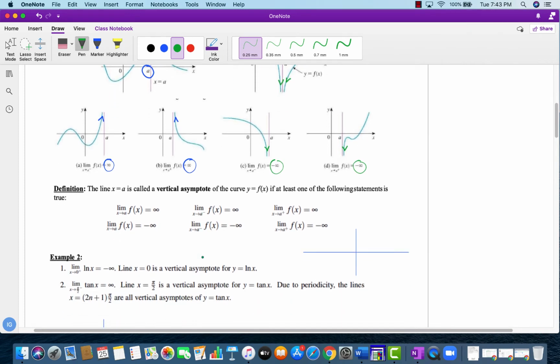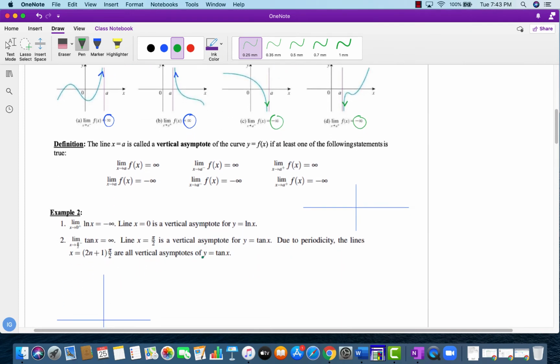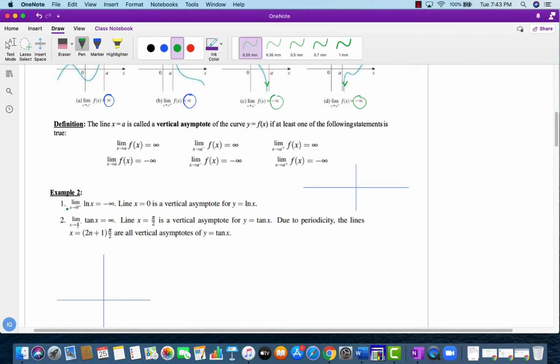Alright, so here we have some examples. Example 2: the limit as x approaches 0 from the positive side, from the right side, of ln of x is equal to negative infinity. The line x equals 0 is a vertical asymptote for y equals ln of x.